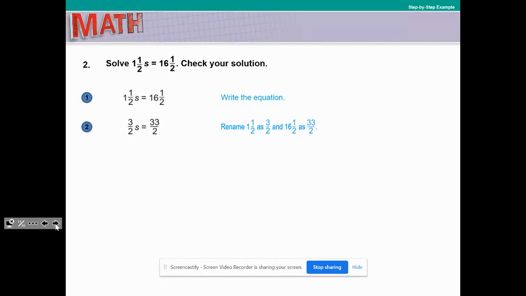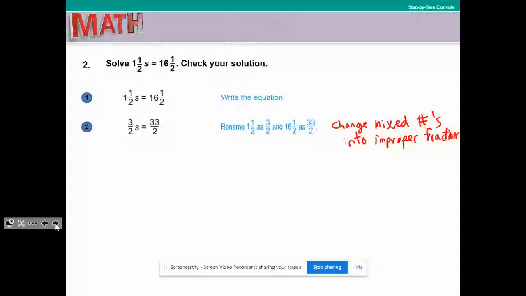So we're going to rename, right? Change mixed numbers into improper fractions. Okay, that's all we had to do. And now it's the same as the ones that we had already solved.